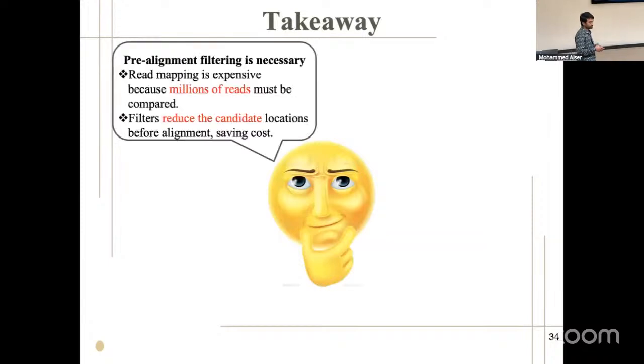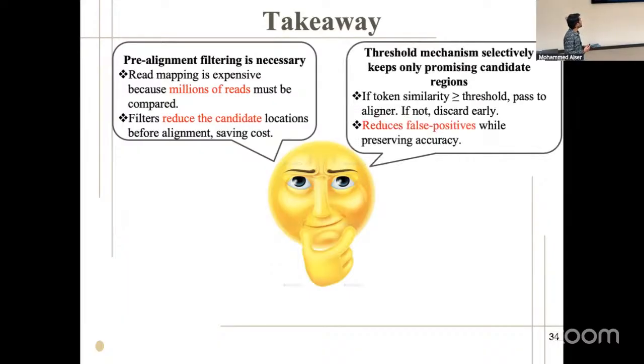Next, we'll show what the takeaways from this are. First, the pre-alignment filtering is necessary, so it reduces a lot of computation. Then, the threshold mechanism: if we select the proper threshold limit, then you will be able to discard all the low candidates very easily.